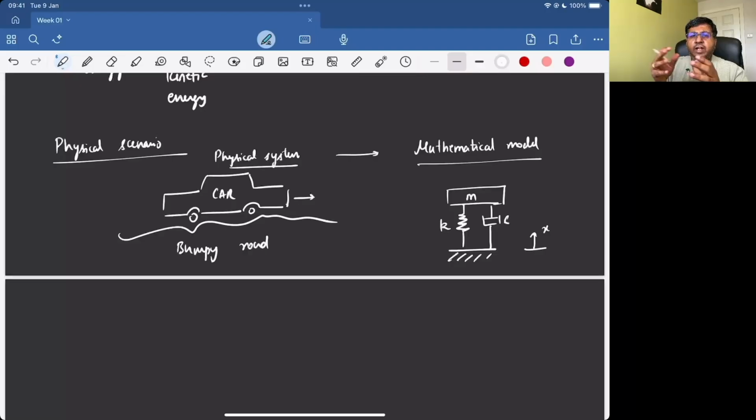And then we are saying all these shock absorbers and all the systems are approximated by a spring and a damper. If I can understand how this mass is going to move up and down, or the system's response, so whatever the bumpy road is, is nothing but our excitation force.